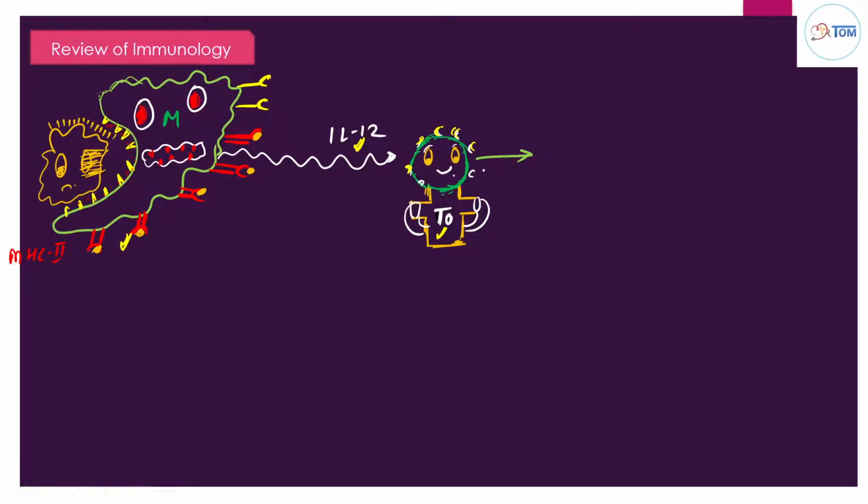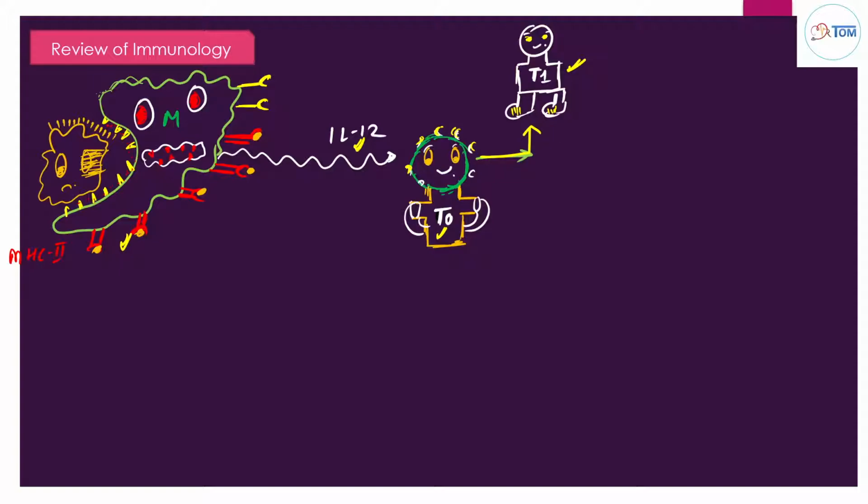You need to understand that as soon as this T0 cell is triggered by IL-12, it is transformed into a T helper 1 cell. So I hope this makes sense.